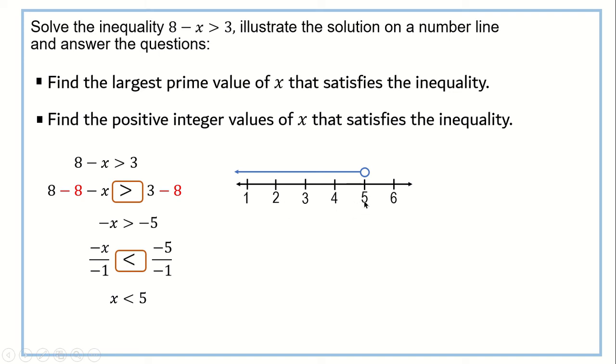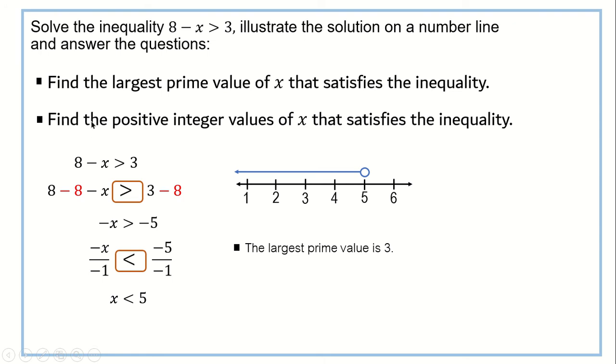We know that 5 is not included in the solutions. We know that 4 is not a prime number. We know that 3 is a prime number. So the largest prime value is 3. Okay? The largest prime value that satisfies the inequality is 3.